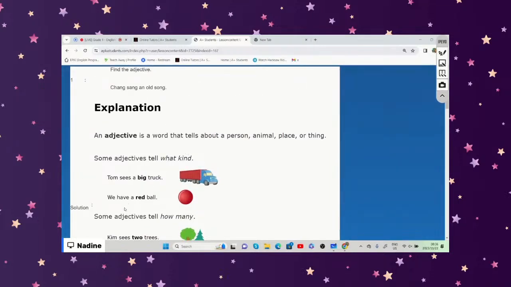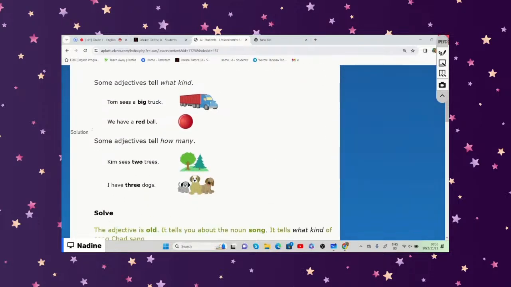All right. So, based on the identifying and explanation of an adjective, we said an adjective is a word that tells us about a person, animal, place, or thing. And some of the adjectives tell us what kind.